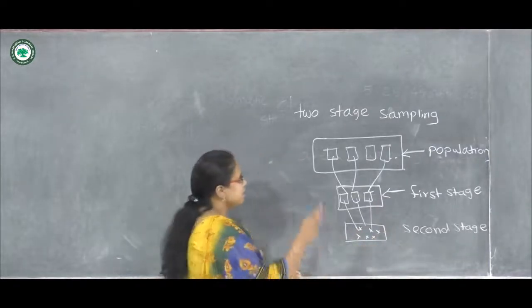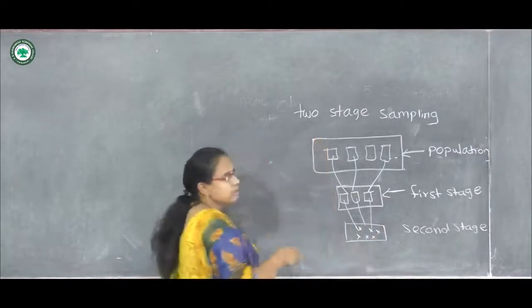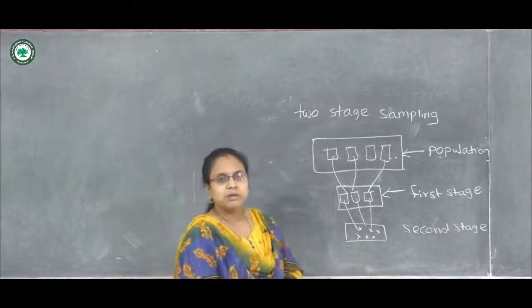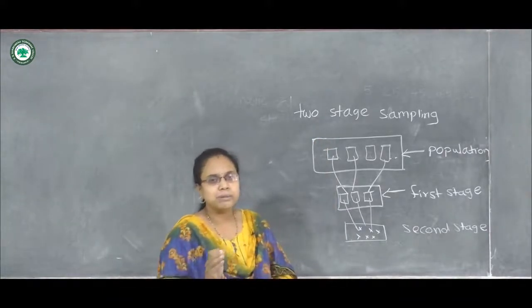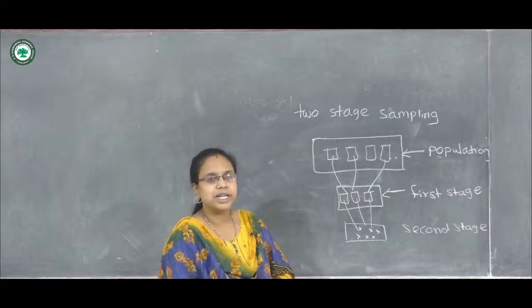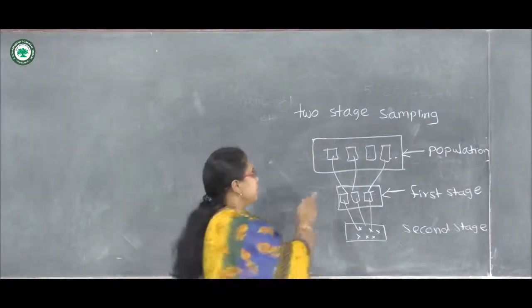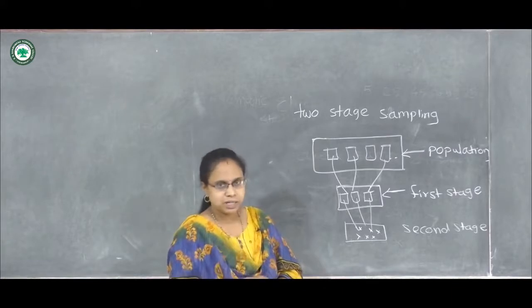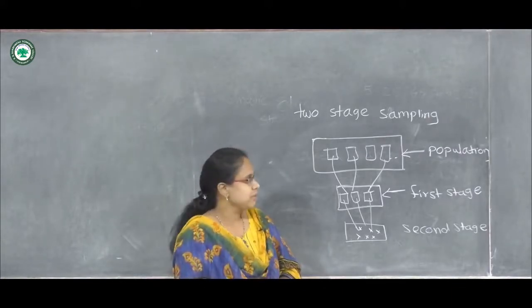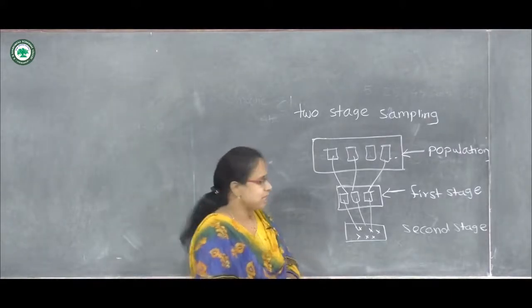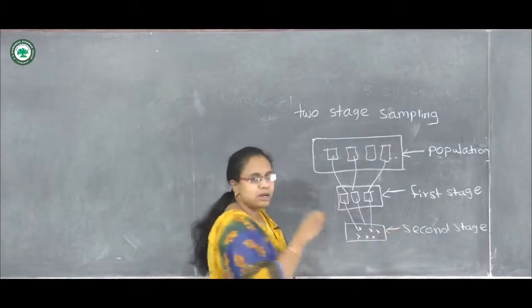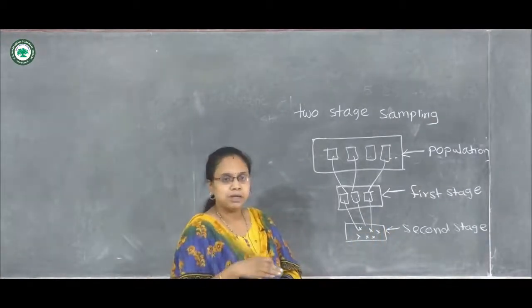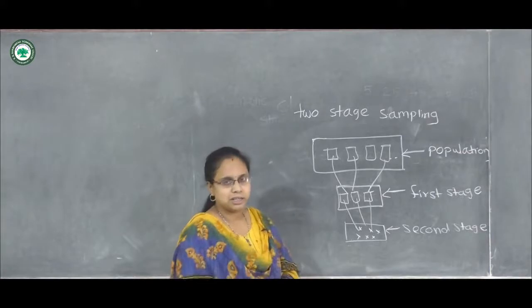Note that here we take a population which has several groups. We call each a cluster. Then in the first stage we select some clusters from that population, and in the next stage, that is the second stage, we take a sample from the selected clusters.